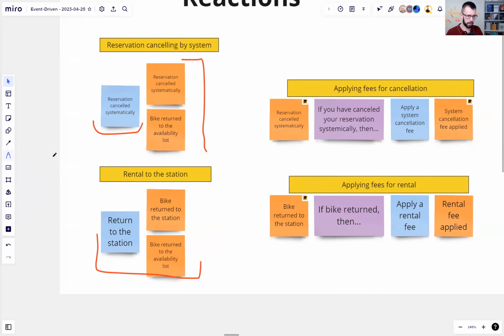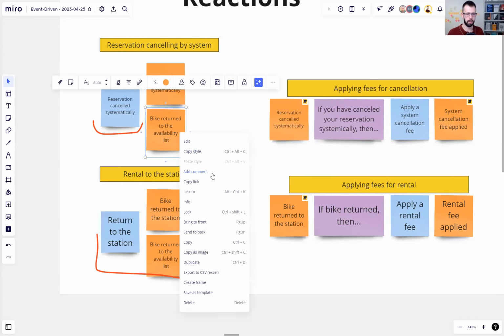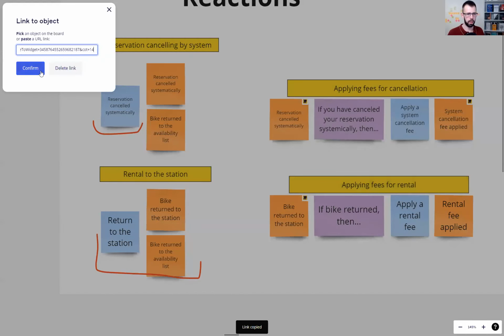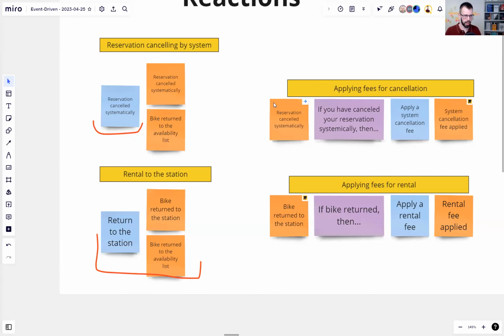Then there's a very interesting thing in Miro: you can link cards between each other. You can copy a link from here and paste it here, and then you have this kind of connection between cards in the board without having arrows, because that would make your board more burdened.